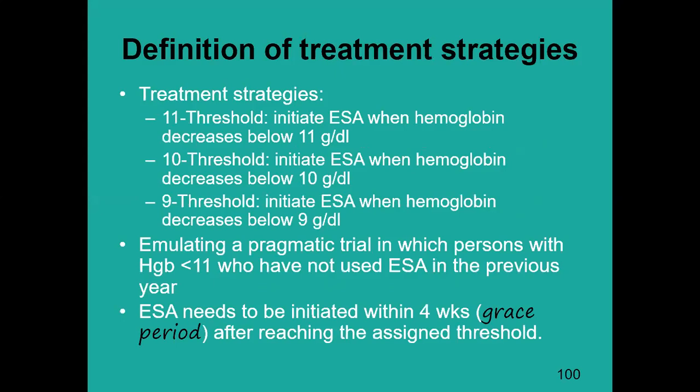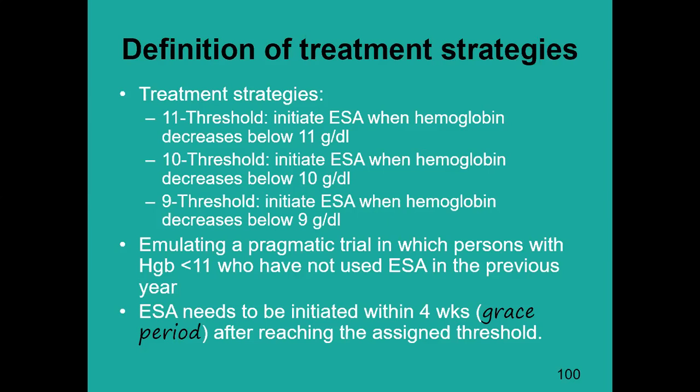Definition of treatment strategies in this case. These are called threshold or timing strategies. We want to compare 3 thresholds: 11, 10, and 9. For the 11 threshold, initiate ESA when hemoglobin decreases below 11. In dialysis patients, we say hematocrit. In CKD, we change to hemoglobin, but they are pretty much the same thing.